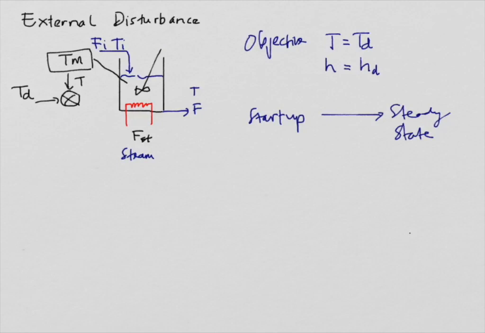We compare these; this is the plus, this is the minus, and we get the error. The formula of error is the desired temperature minus the temperature, or vice versa, no problem, T minus Tt, depending on your sign convention.